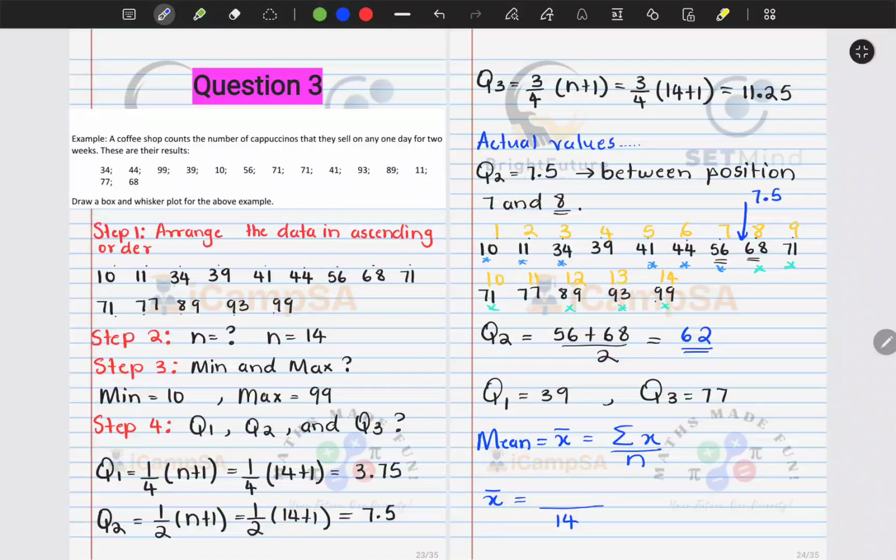So what I'm going to do is to quickly sum up that numerator there. So if you sum this up, you will see that the answer you will get will be 803. Okay, and if you do the division 803, just double check, divided by 14, what you end up getting is 57.36.